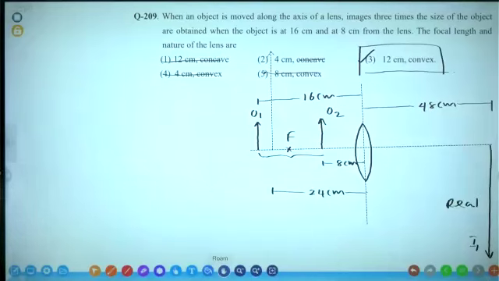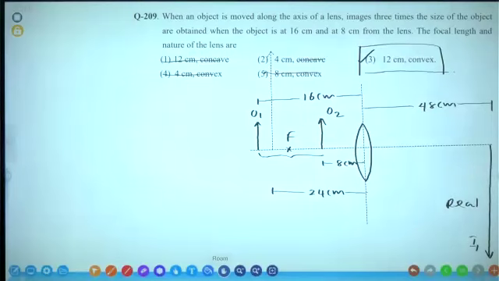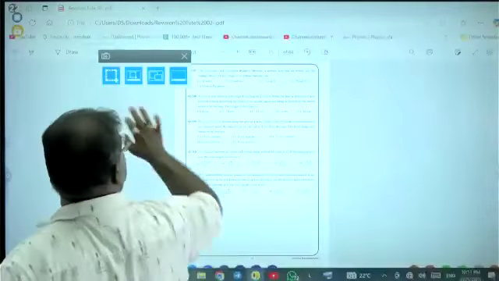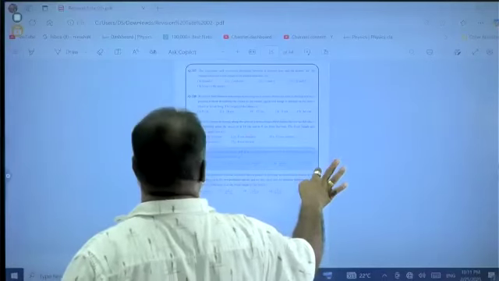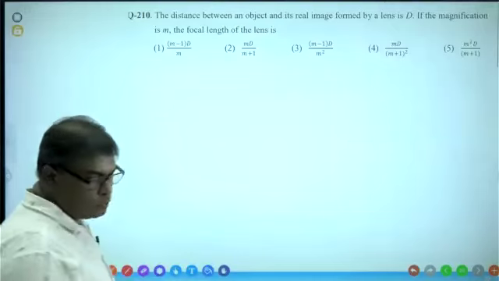Copy the needed one. And see question number 209. 210.